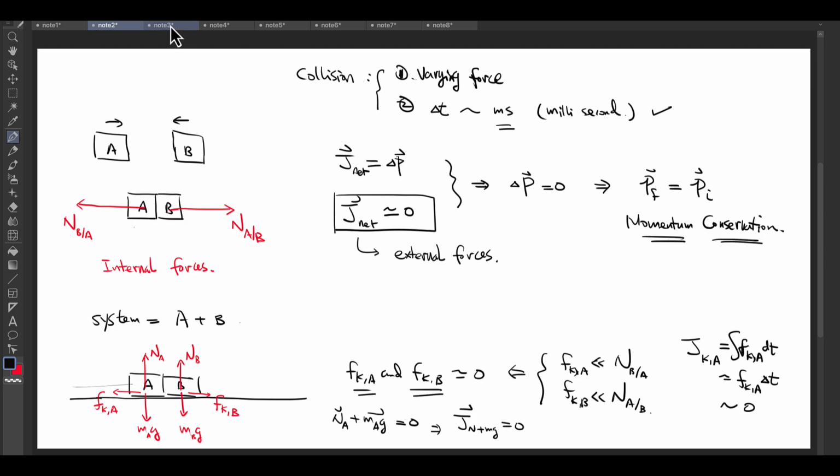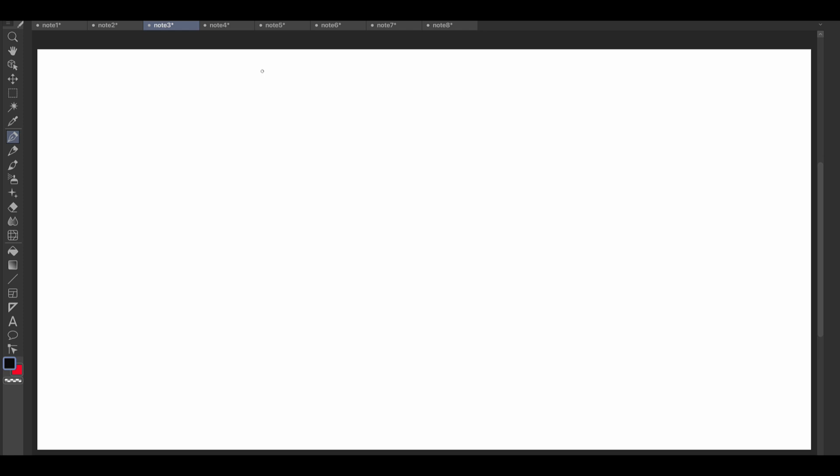Okay, so it's a collision in mid-air. Let's say there's this object A colliding with object B in mid-air.